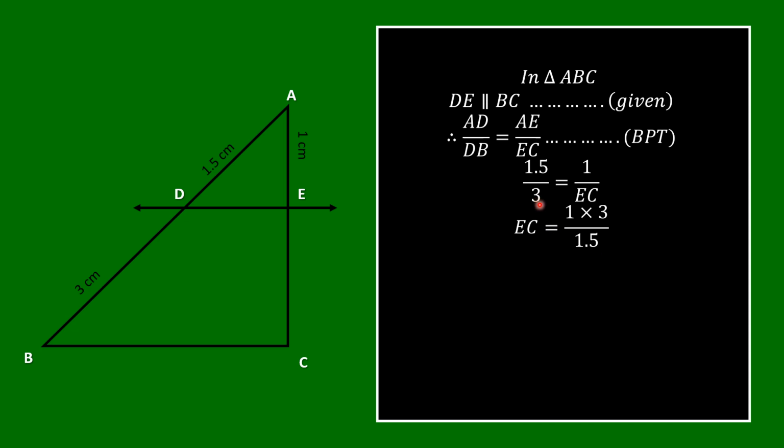How? 3 is transposed to this side, so it will be multiplied in the numerator, and 1.5 will be in the denominator. Simplifying, we get 3 upon 1.5 or 30 upon 15, and finally EC is equal to 2 centimeter. Clear?